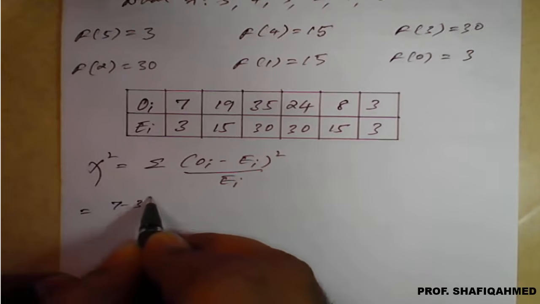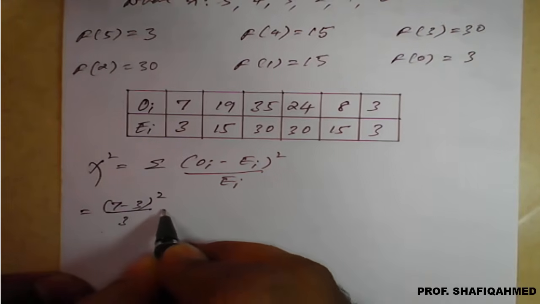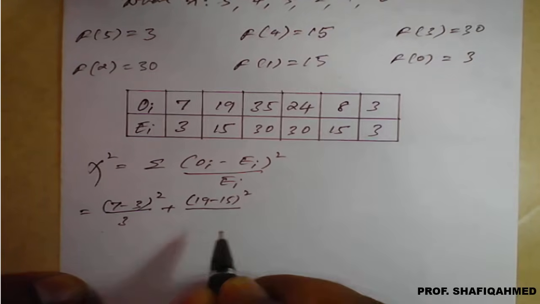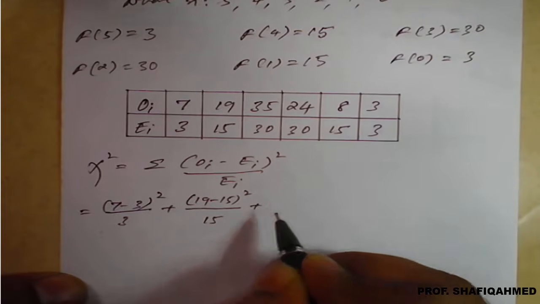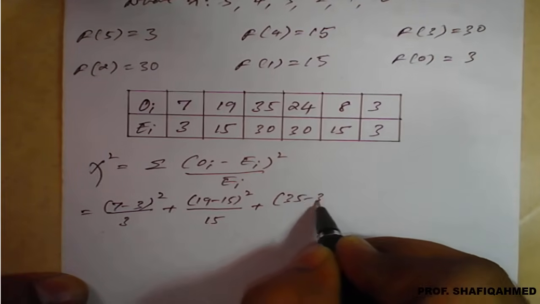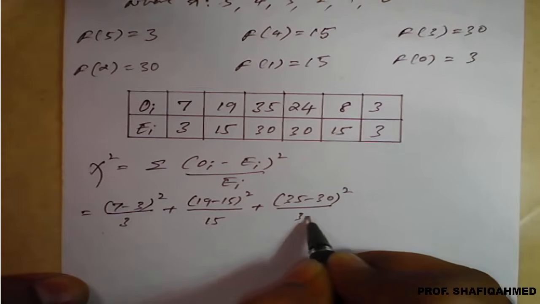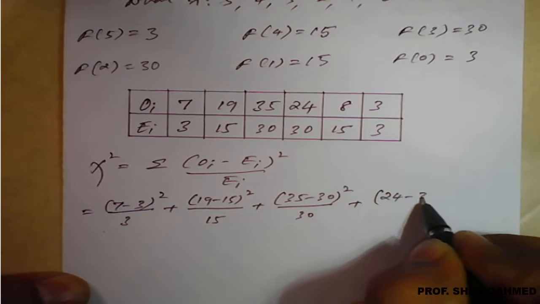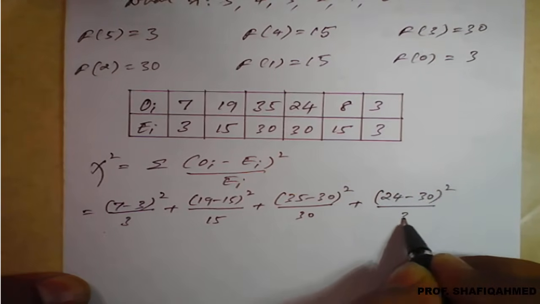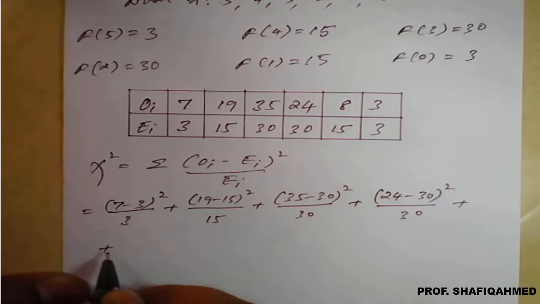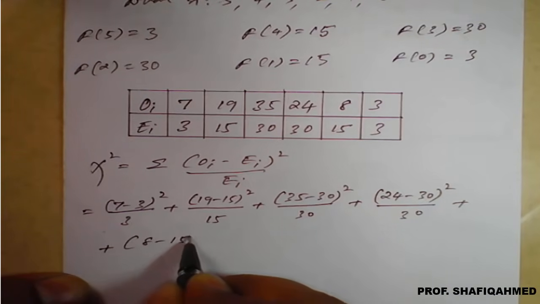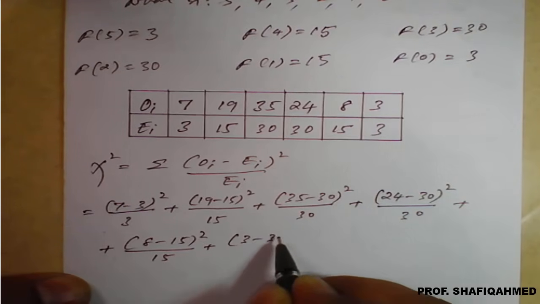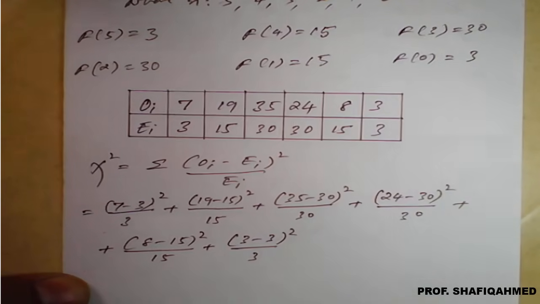So 7 minus 3 whole square divided by 3, plus 19 minus 15 whole square divided by 15, plus 35 minus 30 whole square divided by 30, plus 24 minus 30 whole square divided by 30, plus 8 minus 15 whole square divided by 15, plus 3 minus 3 whole square divided by 3.